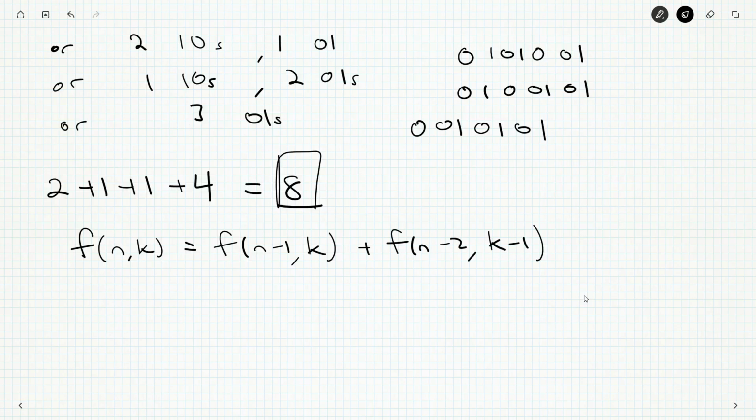Now, I've got these binary strings, and I suppose I could do something like, well, if I've got a string of 7 that works, or sorry, just sort of any string, let's just pick one of these guys up here. If it, say, ends in these 2 and I chop it off, well, there's a string that works for 5, which would be, you know, one of these.